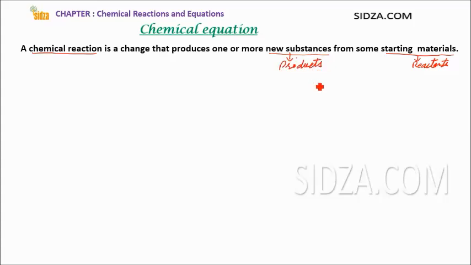So during a chemical reaction, reactants are converted into products. And when we write down the reactants getting converted into products, the symbolic representation becomes a chemical equation.